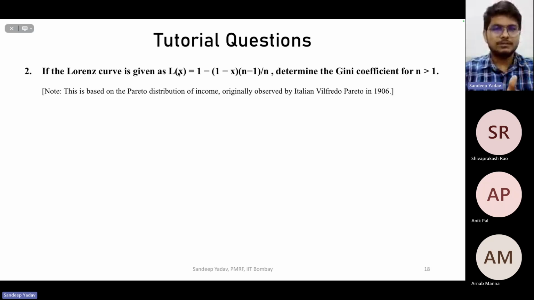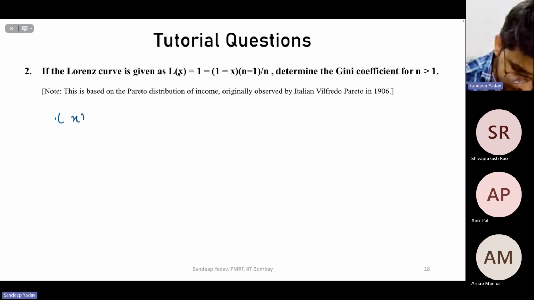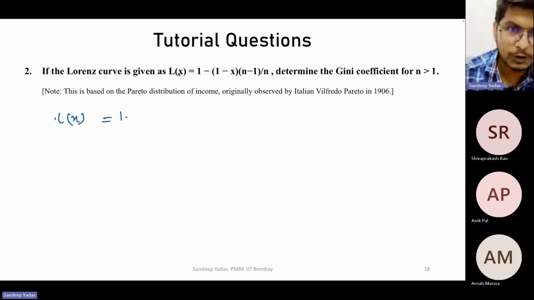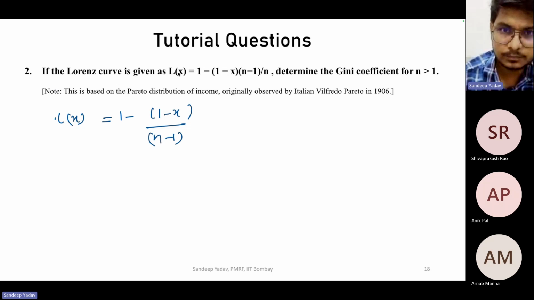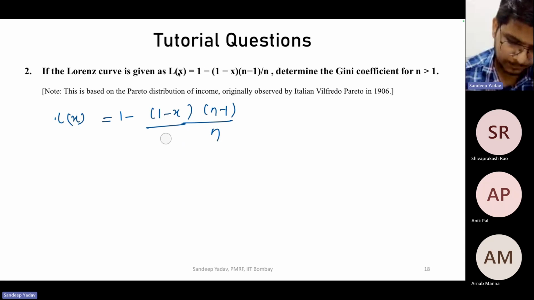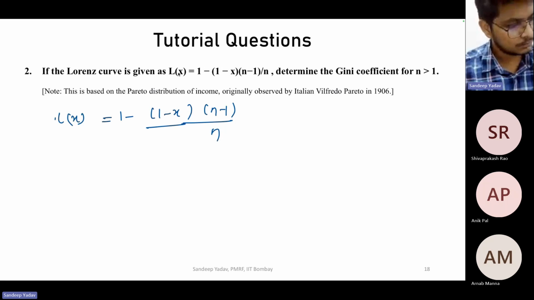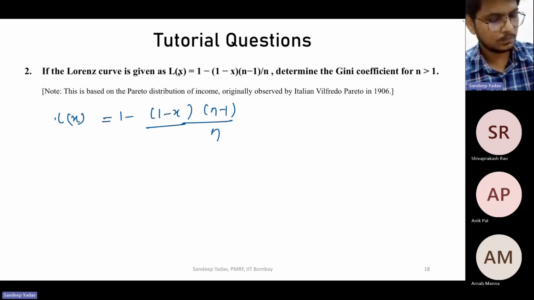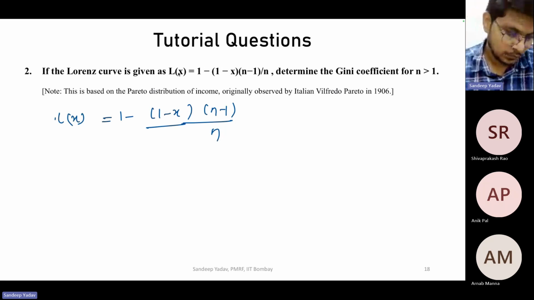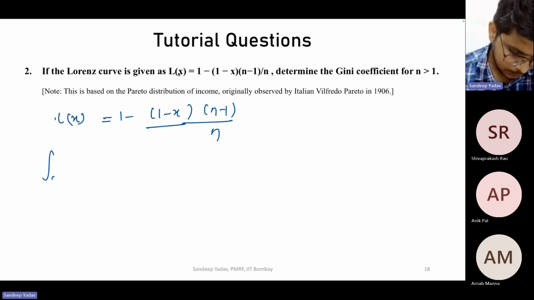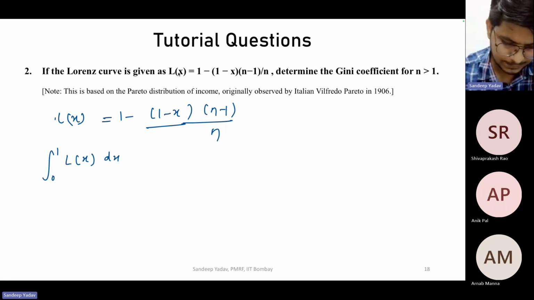How is the Lorenz curve given? Here we can see Lx is equal to 1 minus x to the power (n minus 1) upon n. Sorry, this is (n minus 1) upon n. This is the function. So let's solve it. We know the Gini coefficient is always from 0 to 1 of Lx dx.